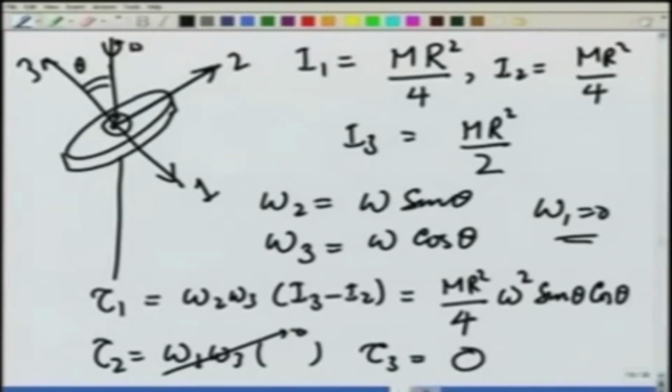So, let me make it again. Let us look at this disc in the position when it is like this. 1 is coming out of the plane, 2 is like this, 3 is perpendicular to the disc, and it is rotating like this.